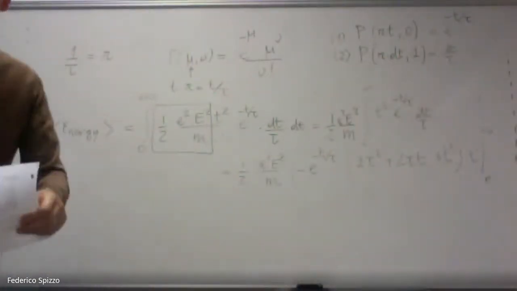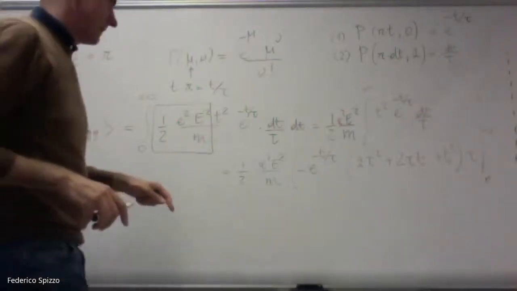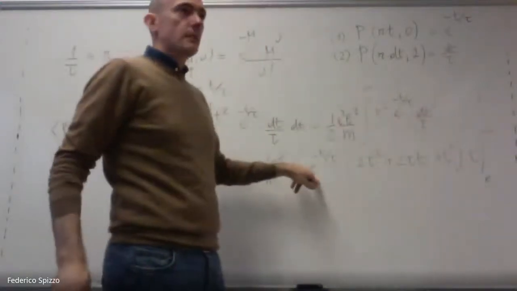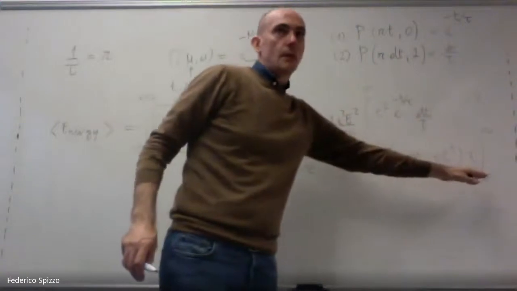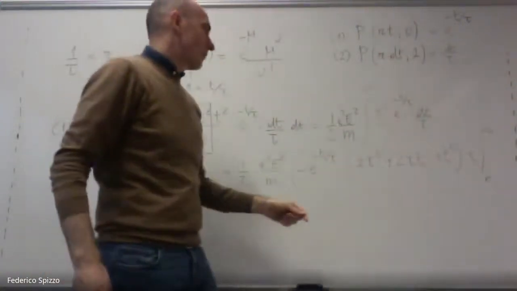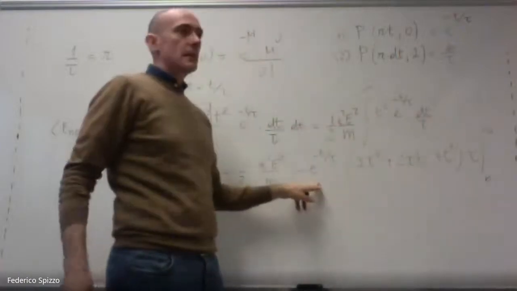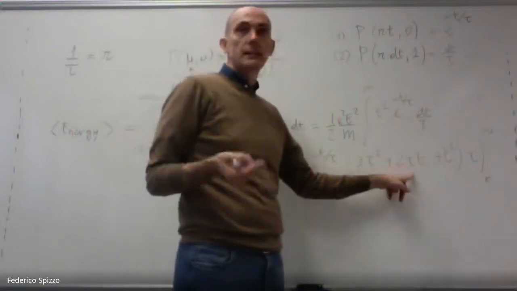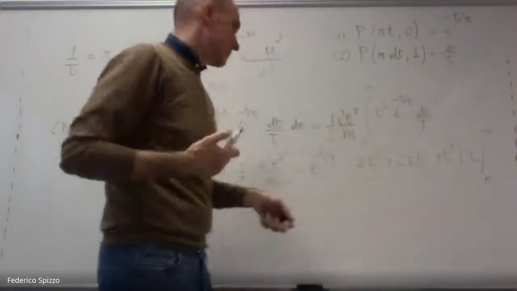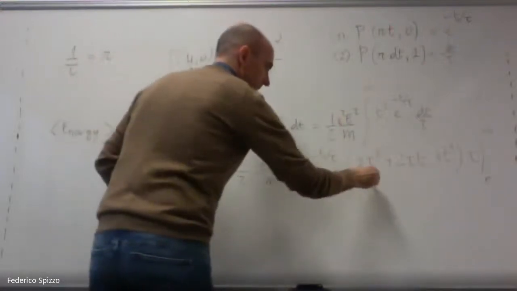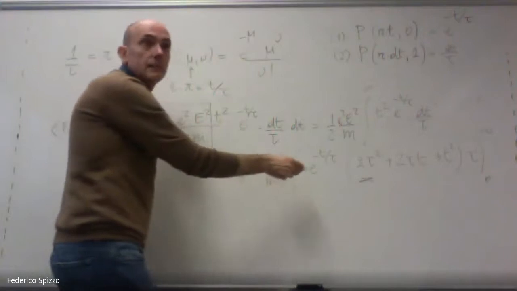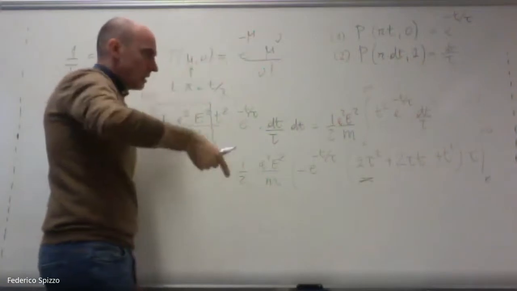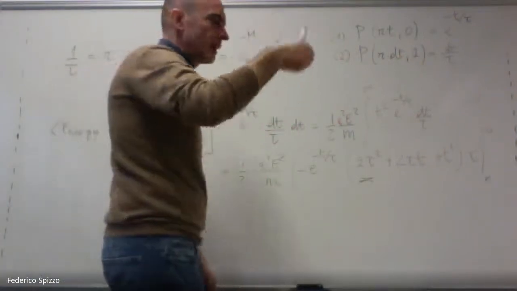So this is the result of the integral. And when we consider infinity, the exponential brings everything to 0 when we consider the upper limit. When we consider the lower limit, the exponential is equal to 1, and just the first term survives, because here you have t that is 0, and here you have t that is 0. So the only term that survives is this one here, with another minus in front, because that is the second extreme, the lower limit of integration.